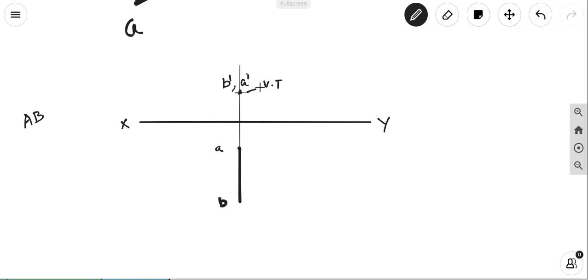We'll use a leader for that purpose, because they have separately asked for the trace. Draw an arrow and just write BP. Another thing that we have here is that, if we wish, we can also mark the top view of the vertical trace, that is small v here. So this is how we approach such a question.